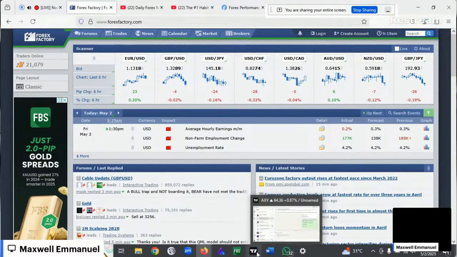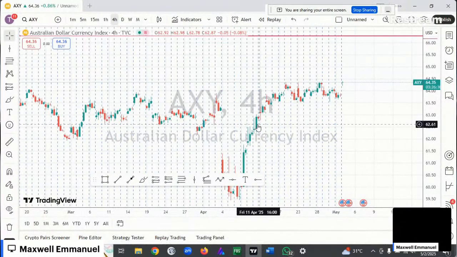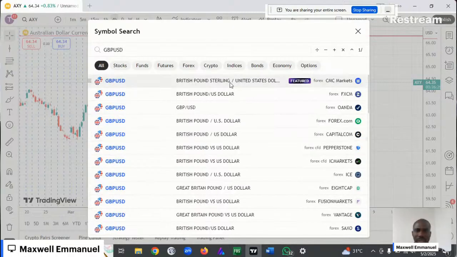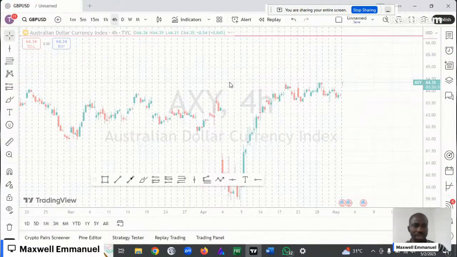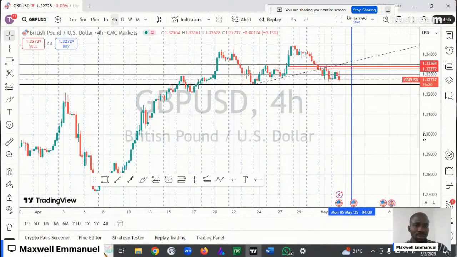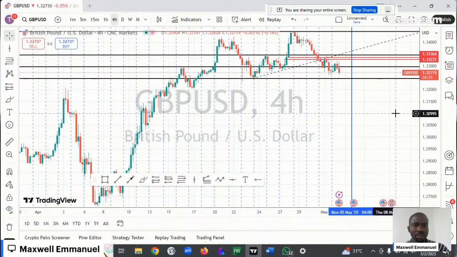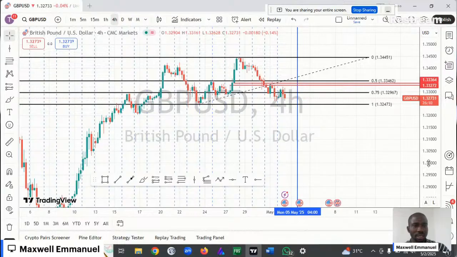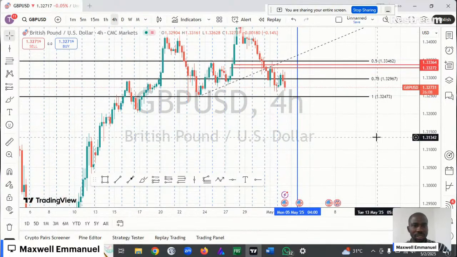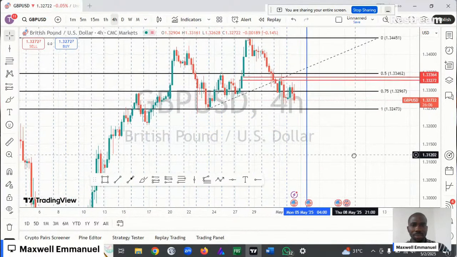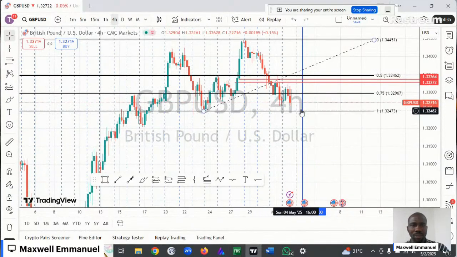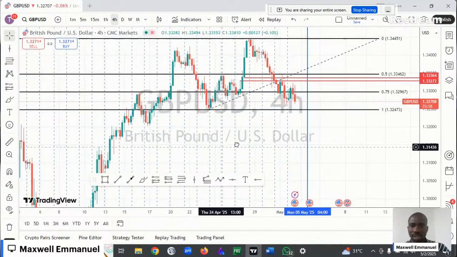Let's see TradingView. Let's see GBP USD, which should be selling now. On the GBP USD 4-hour, this is bearish. GBP USD is bearish at the moment.